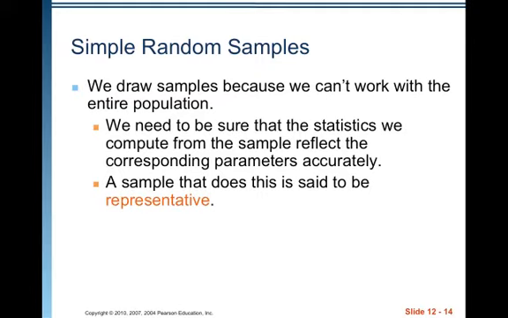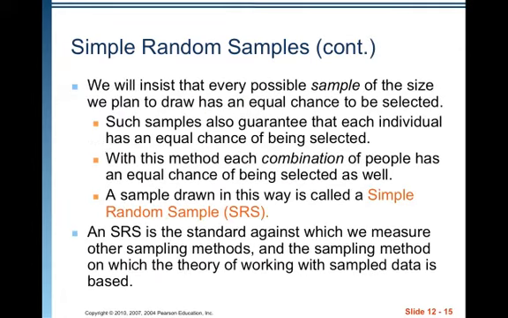A sample that does this is said to be representative. We will insist that every possible sample of the size we plan to draw has an equal chance of being selected. Okay, if that's something that we want to make sure of, then a simple random sample is what we are going to be working with.